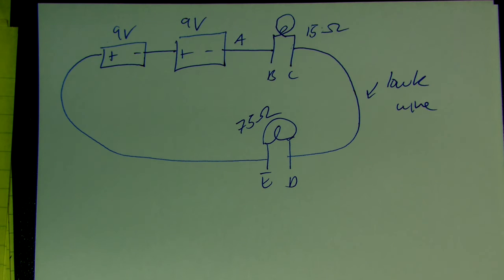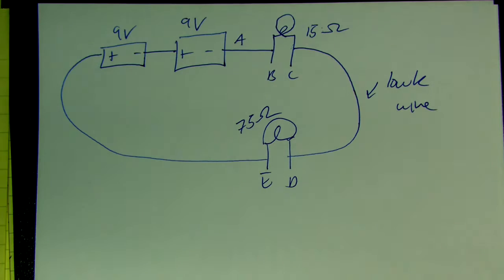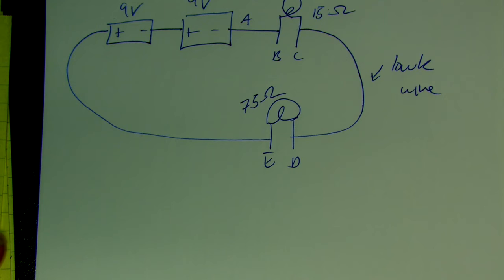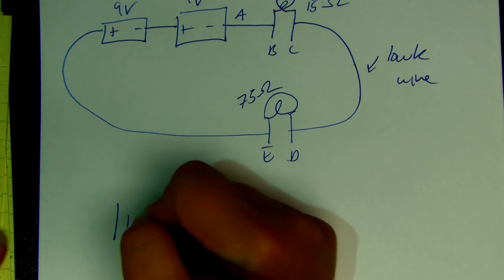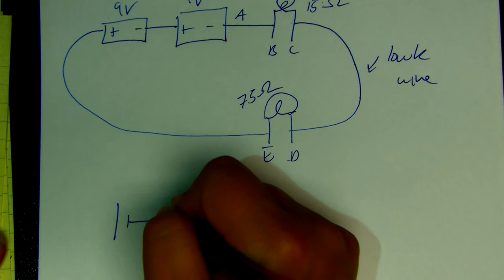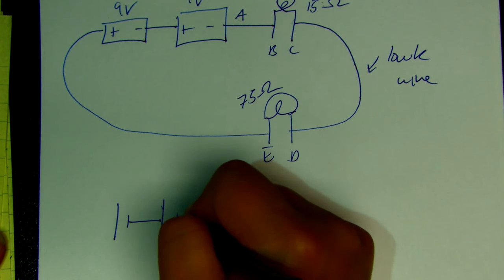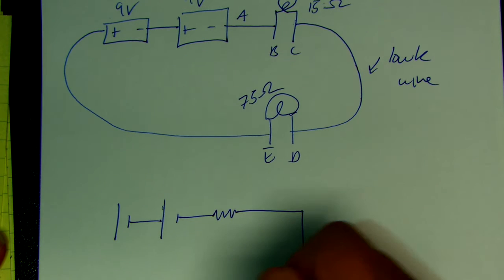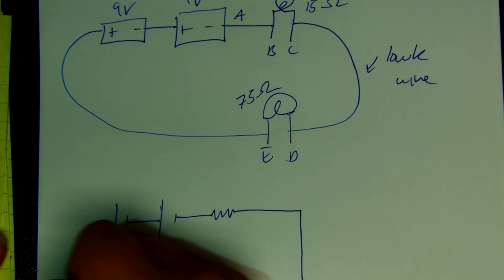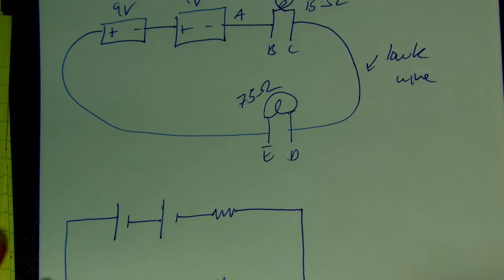Okay, so if you're given a problem like this, the first thing I would recommend you do is to redraw it. This is kind of yucky. We now know circuit conventions, so let's go ahead and redraw it using nice, clean circuit conventions. So here's battery 1, battery 2, resistance 1, resistance 2.